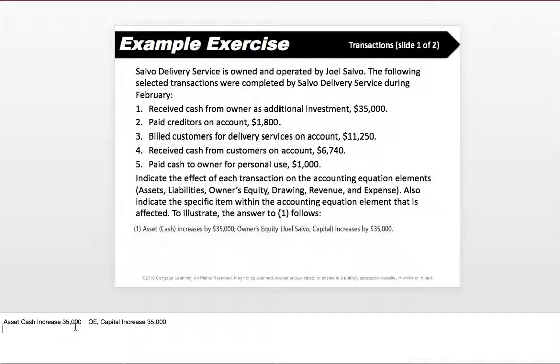That would be the answer to part A. Paid creditors on account. You know that the asset cash will decrease $1,800, and you'll know that the accounts payable, oh, that's a liability. Accounts payable will decrease $1,800.